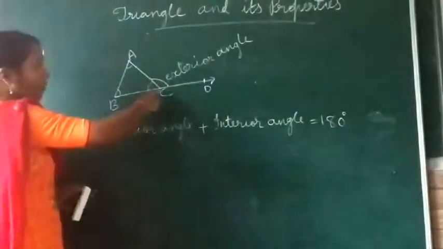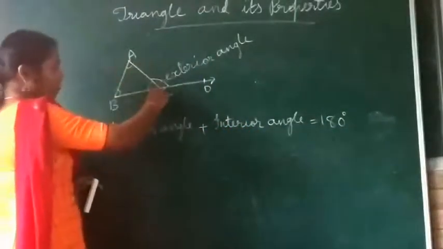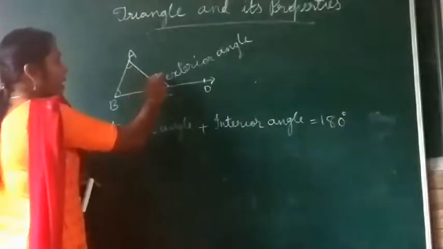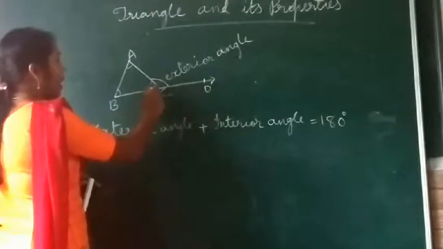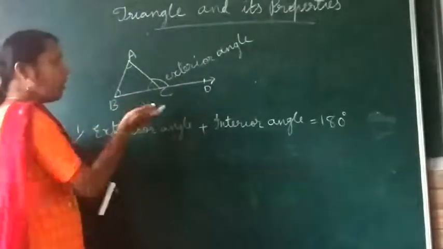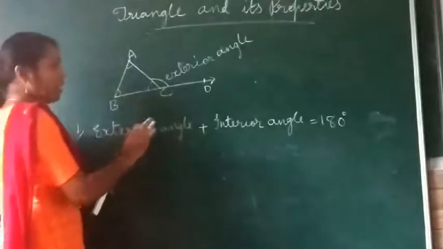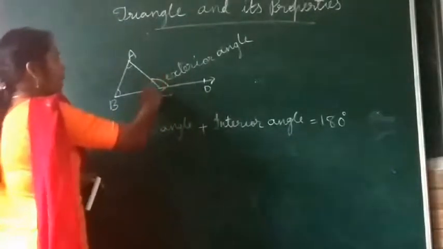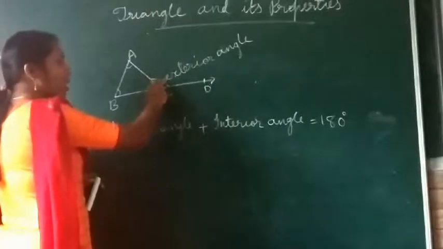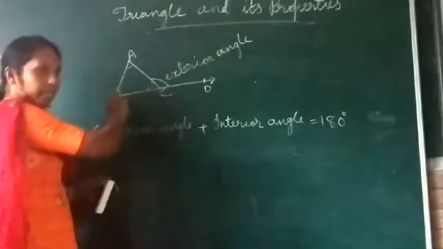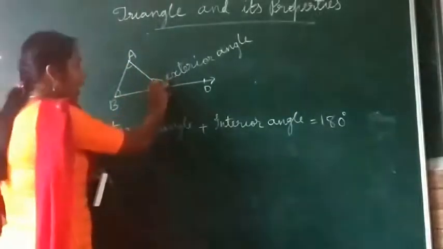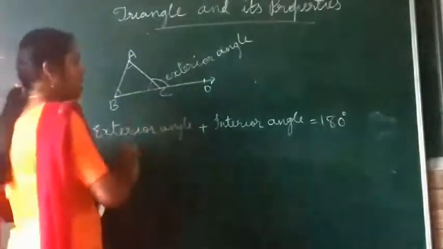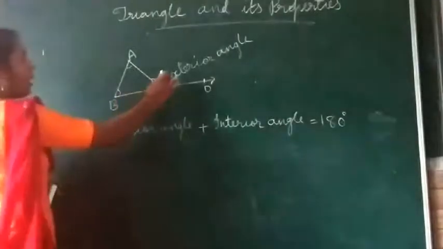It is clear that from the vertex C, we can consider the exterior angle and also the interior angle ACB, and they are linear pairs. We already learned that the sum of a linear pair is always 180 degrees. That means the sum of the interior angle and the exterior angle is 180 degrees. Similarly, at all the vertices, the sum of an exterior angle and the corresponding interior angle will be equal to 180 degrees. This is the first property regarding the exterior angles.